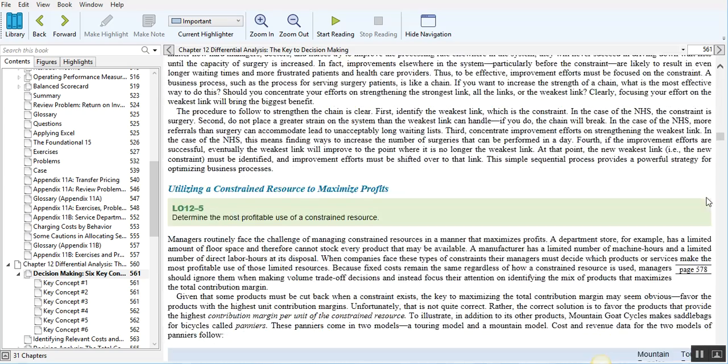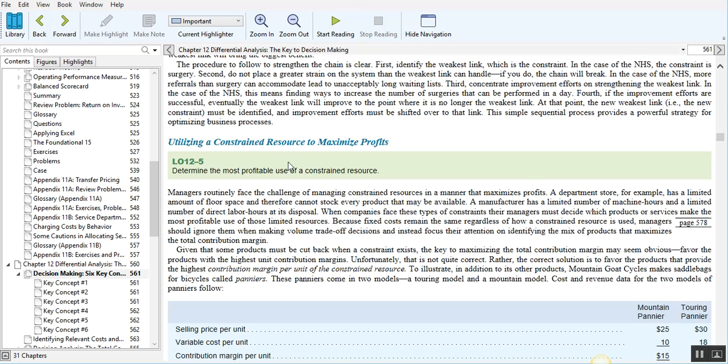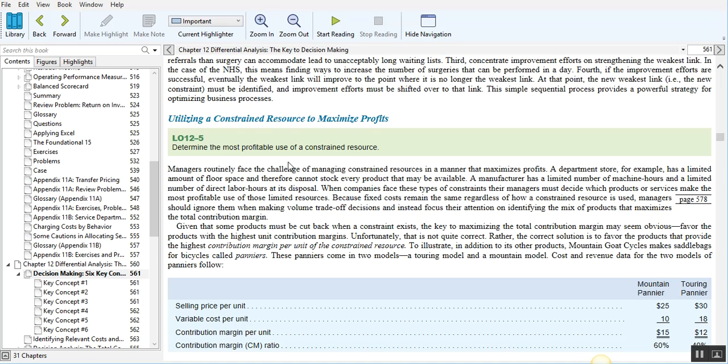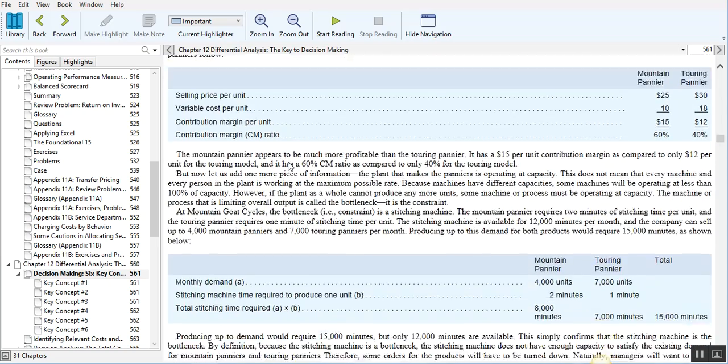Or those resource limitations or constrained resources. So when we look at constrained resources, those are going to limit how much production or how much volume we put through, and in turn how much income we make.